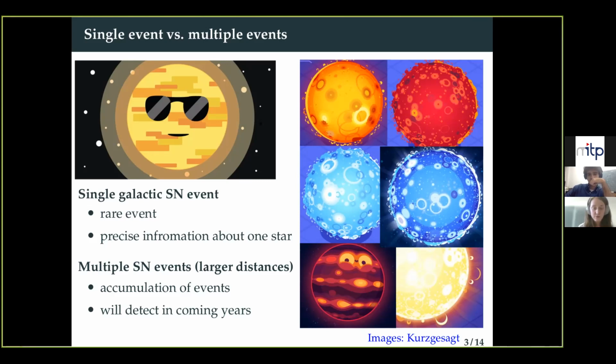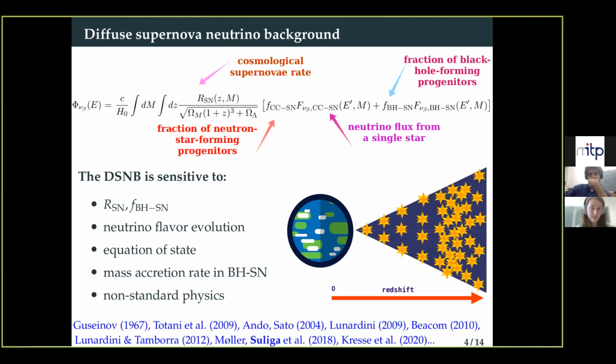In order to fully understand the whole supernova population, we need to measure multiple events. To do so, we have to focus on larger distances, which directly means that our fluxes are lower. This is basically what the diffuse supernova neutrino background is.